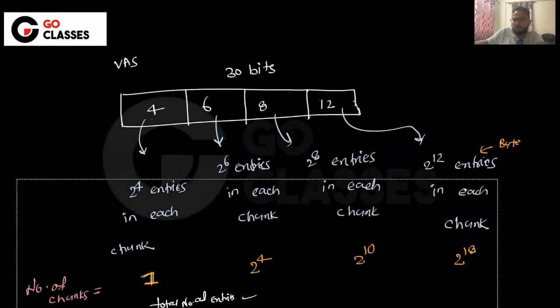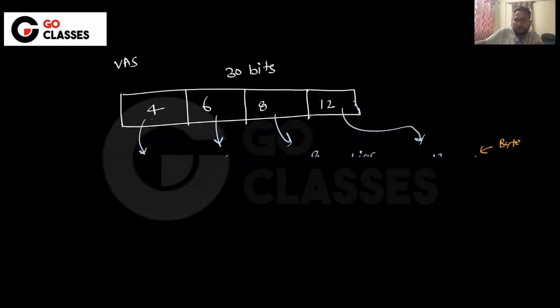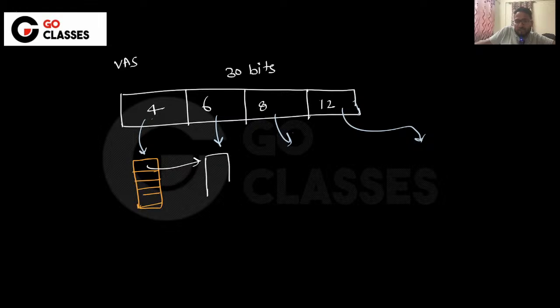Now let me tell you one more thing here. This is having 2 power 4 entries, and each is pointing to one chunk, and each chunk here is having 2 power 6 entries. Let me know if that is fine to everyone.